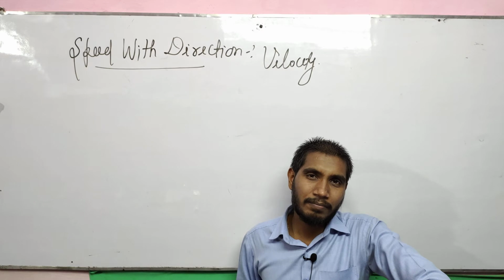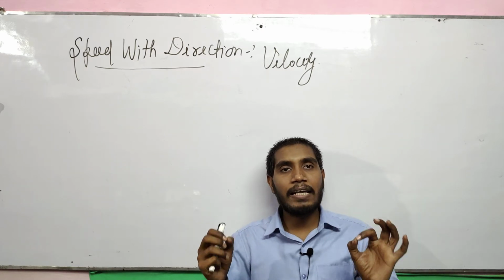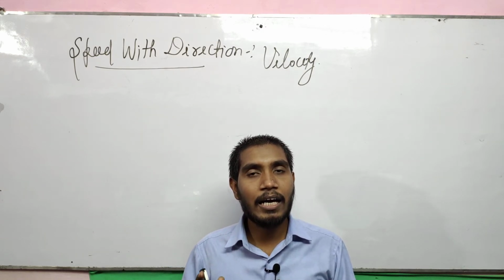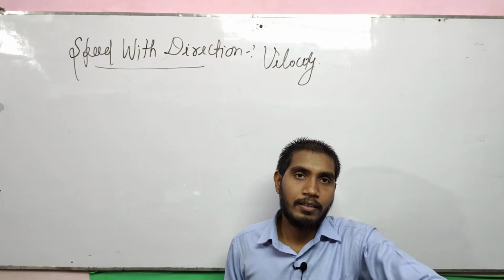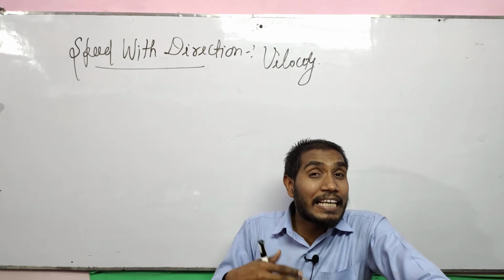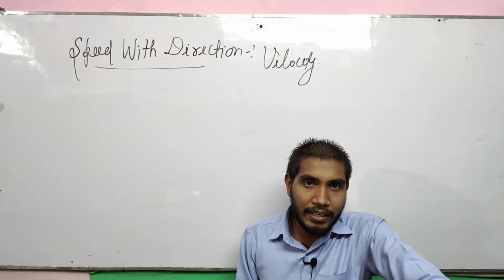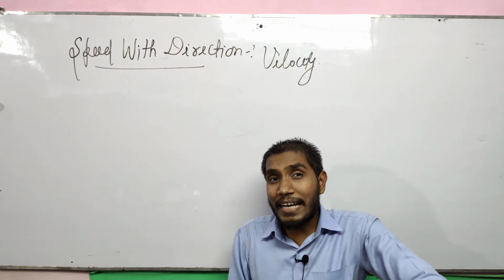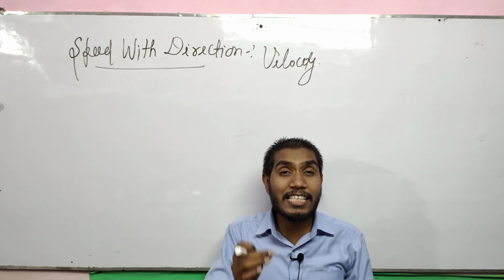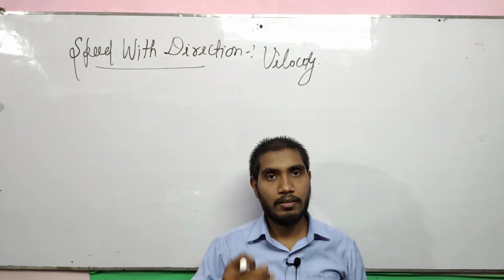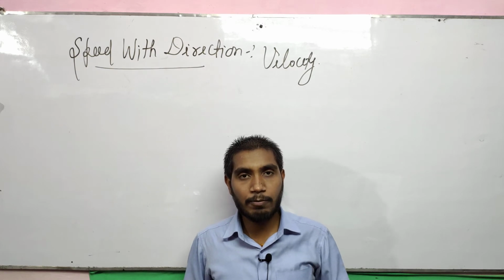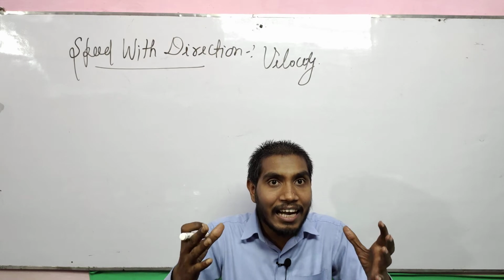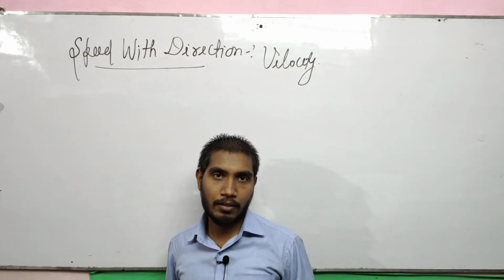But the position of an object can be determined by the distance as well as the direction of the object that is in motion. Understood?